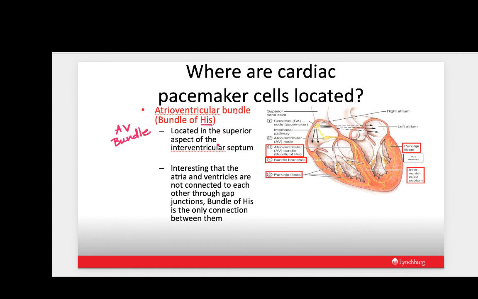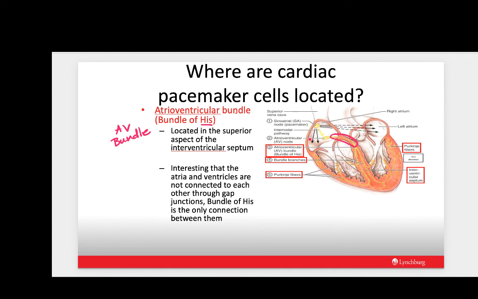Okay, and this is located right in this area through here in the top part of the interventricular septum, and that was another one of the landmarks that we talked about before. This is the wall in between the two ventricles. So at the top of the interventricular septum is the AV bundle, and this is very special because it is the only connection between the atria and the ventricles.